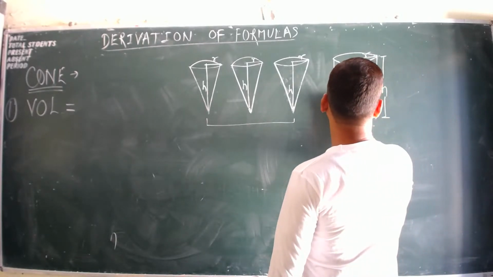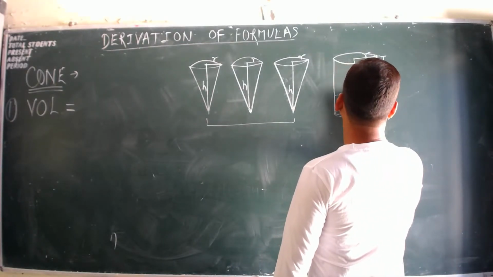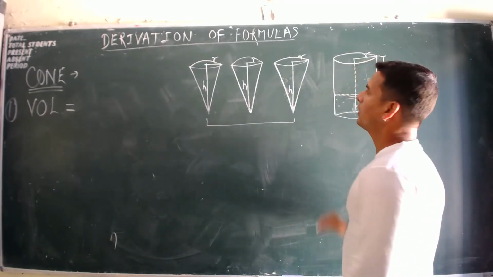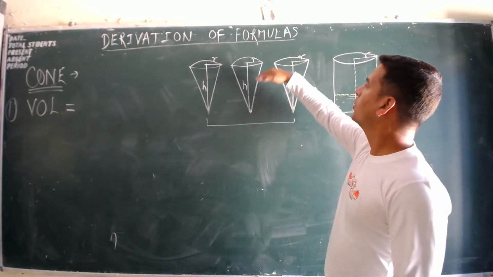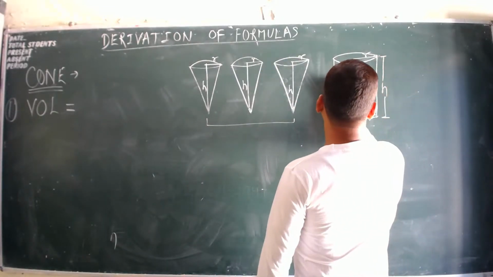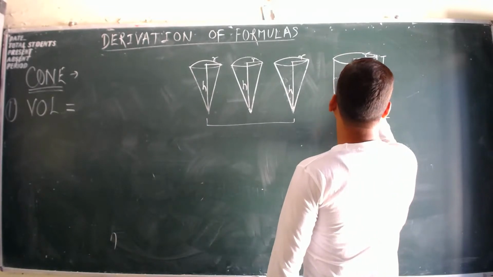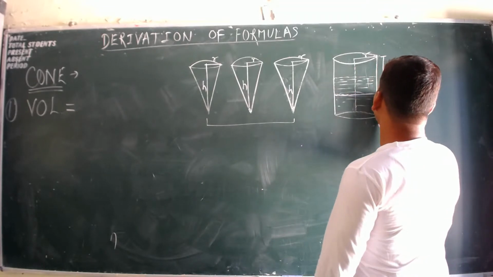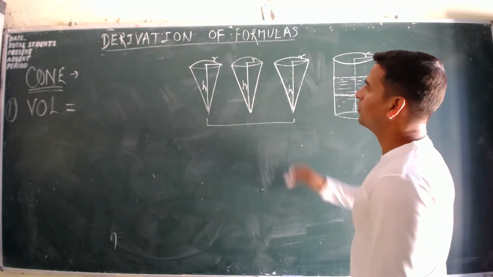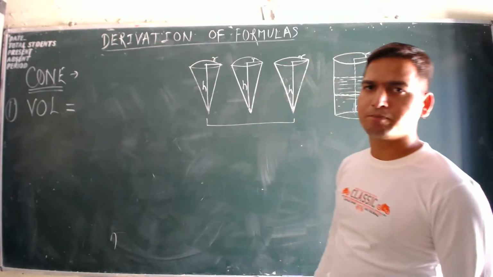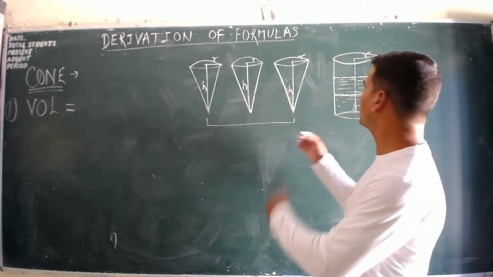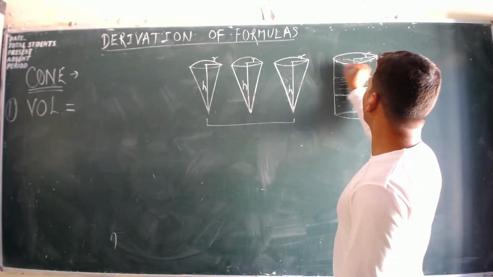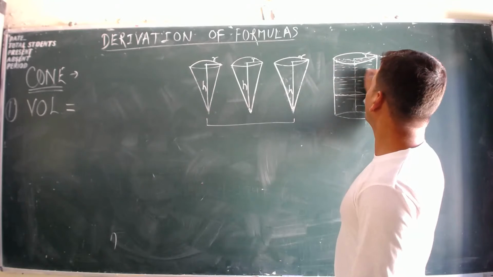Then suppose this portion, 1/3 portion, will be filled. Now फिर आपने इसमें मिट्टी या रेत भरी, फिर आपने इसे पलटाया. It will be clearly visible through an activity. In the first portion हो जाता है, second portion में आता है. Now the third cone आपने भरा सैंड से और उसको पलटा दिया, then the jar, the cylindrical jar, will be completely full.